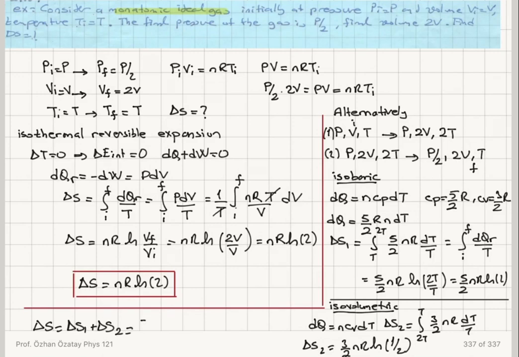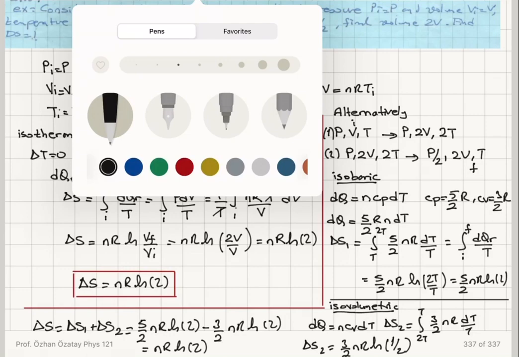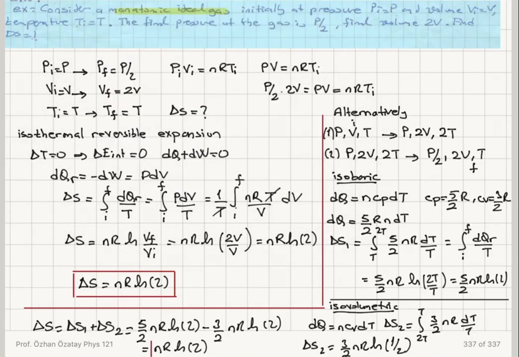It will be equal to 5 over 2 nR natural logarithm 2, and natural logarithm of 1 over 2 is minus natural logarithm of 2, so minus 3 over 2 nR natural logarithm of 2. So my answer is nR natural logarithm of 2. The answer that I'm getting using the alternative method of two reversible processes, isobaric and isovolumetric, that take me from the initial to final state gives me exactly the same result as the isothermal process.